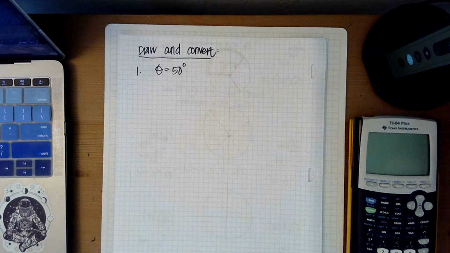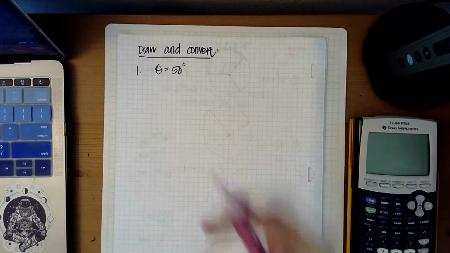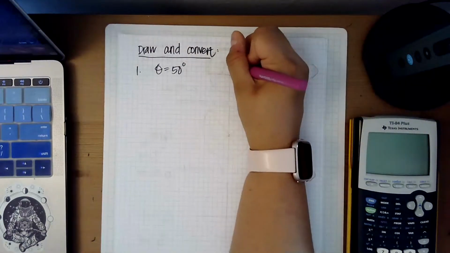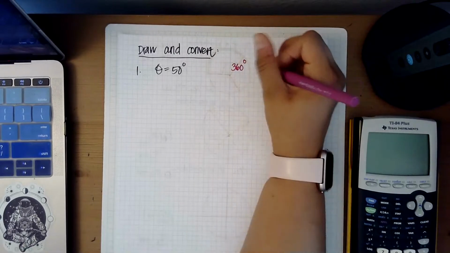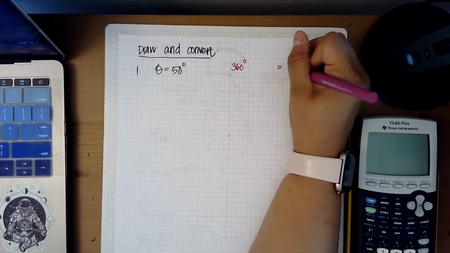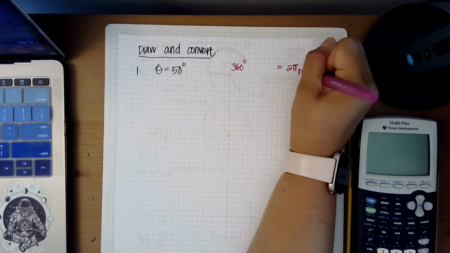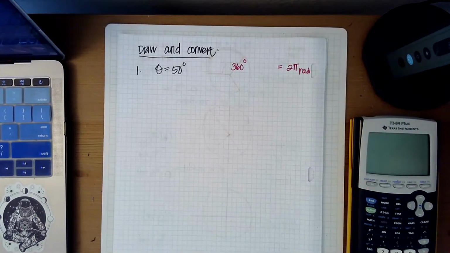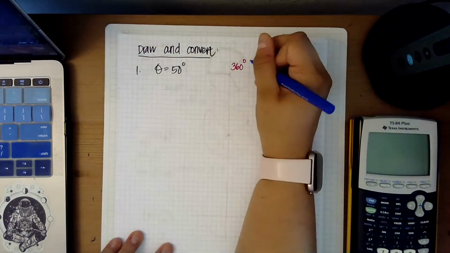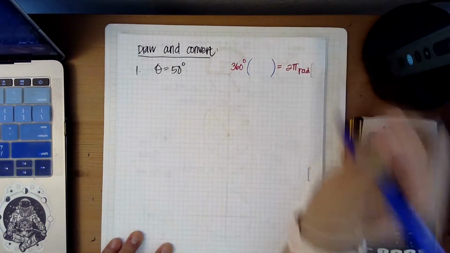Okay. In order for me to do this, I need to find a way to convert them, right? So let's see. How is it that I took 360 degrees and made it 2 pi rad? We're going to find that conversion unit.